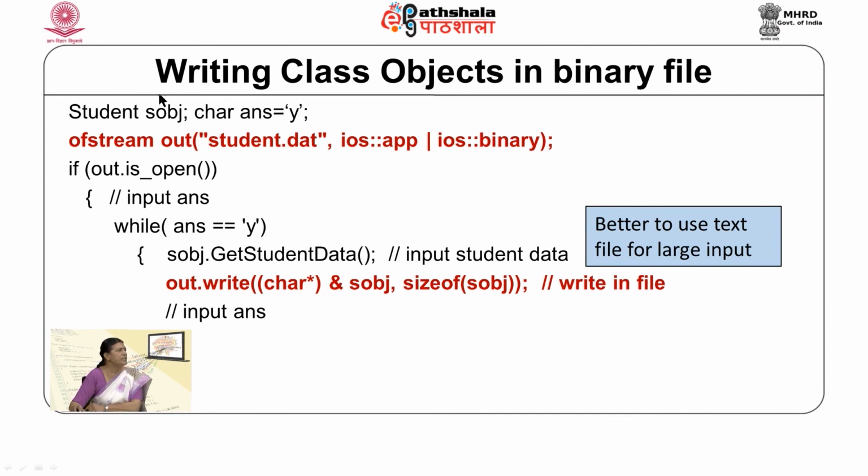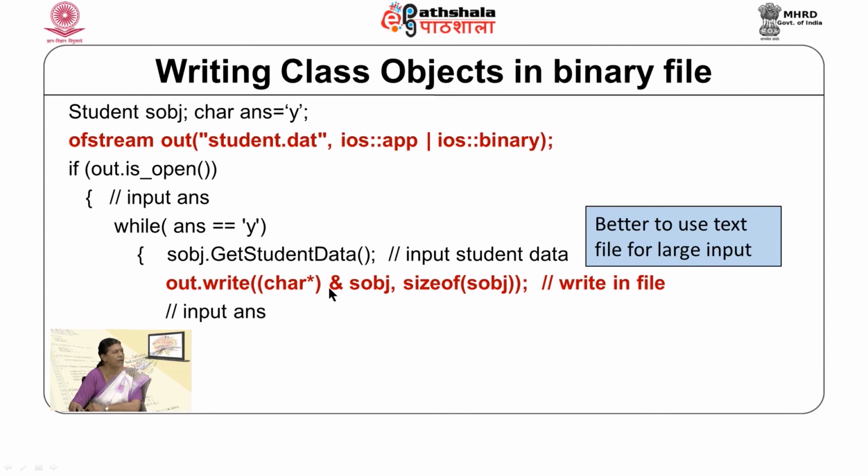Here sobj is the object of the type student, and when we say sobj.getStudentData, that means we are taking the input of the student data and storing it into sobj. So, sobj is to be written into the file using the write method, and in the write method it needs to be converted to char star, I mean to the pointer of the type char.